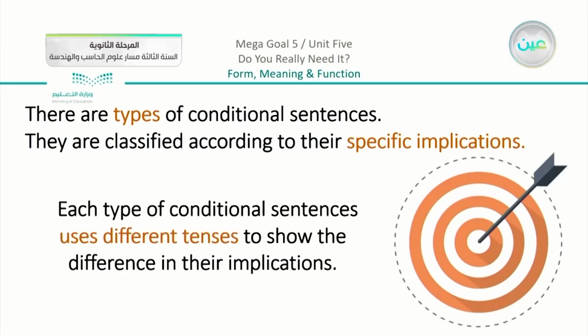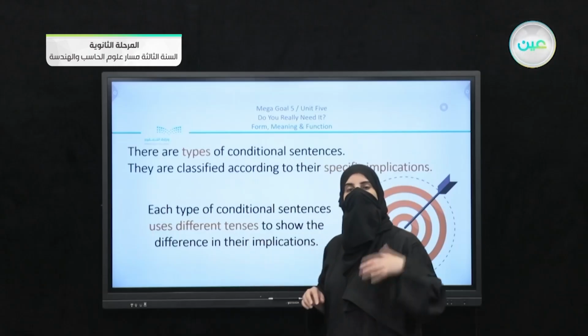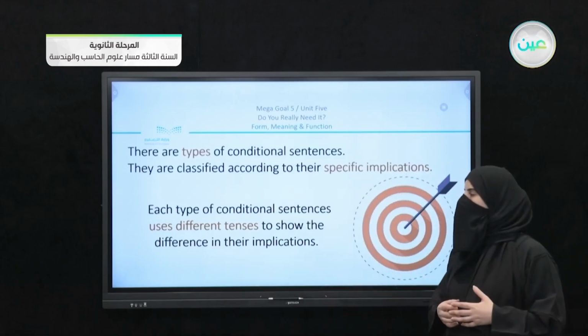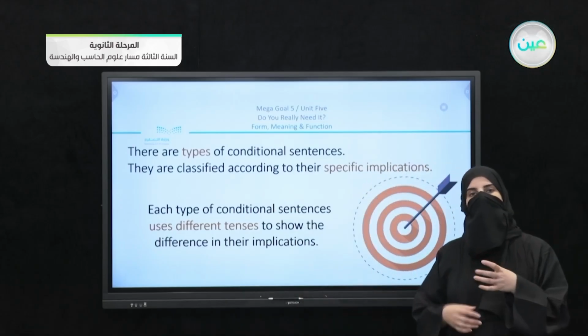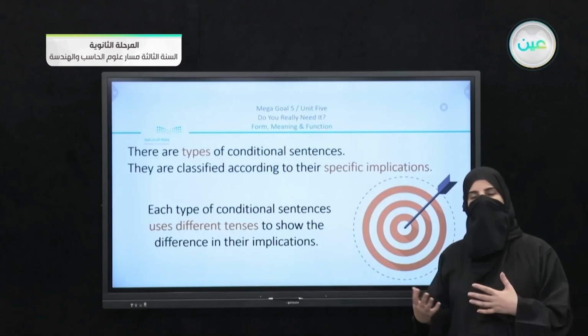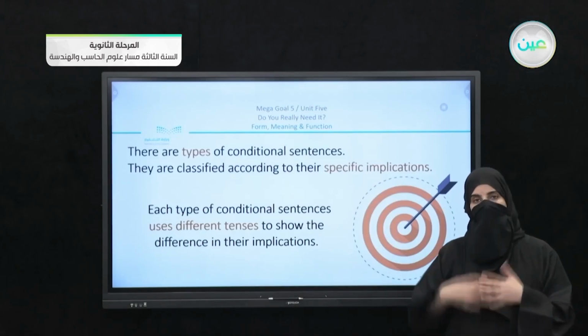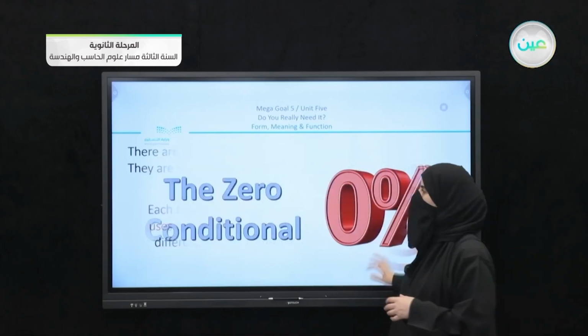Each type of conditional sentence uses different tenses to show the difference in their implications. So here, we understand that there are different sentences, and from these different tenses, we can know the difference in the implications. So we are going to move on with our examples.